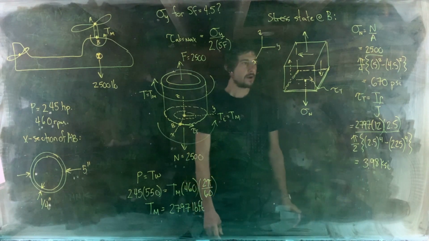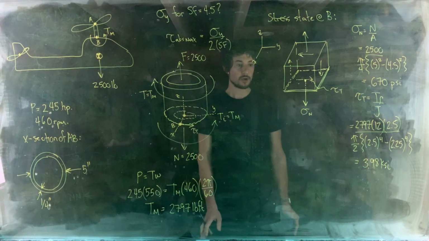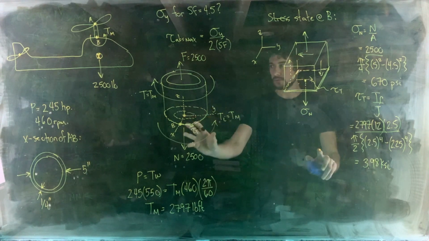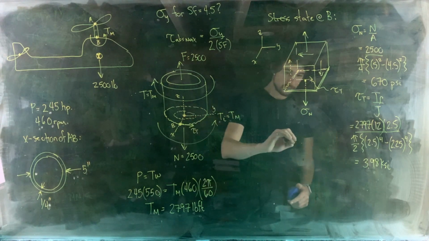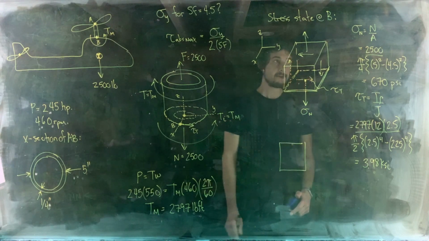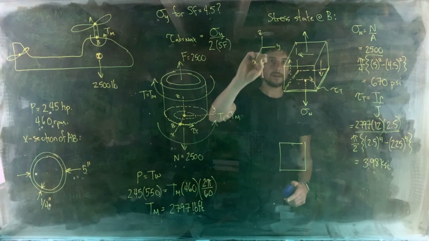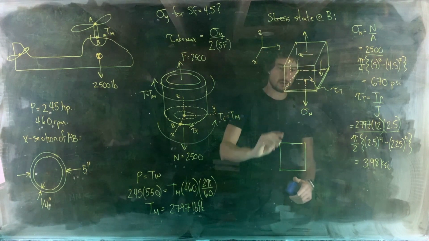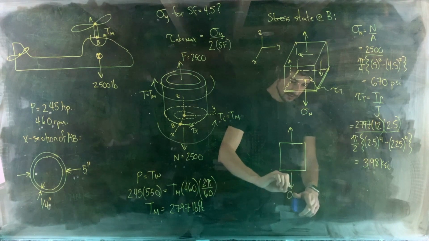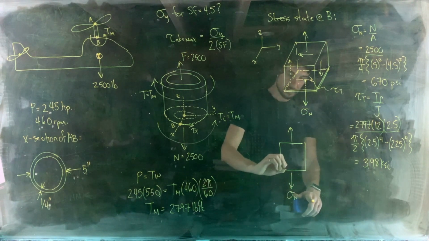Great. So let's go ahead and draw the in-plane element, and then we'll draw Mohr's circle. Here we go. We're going to look in the ZY plane so that we see all of the stresses there. So that would give us sigma n like that.